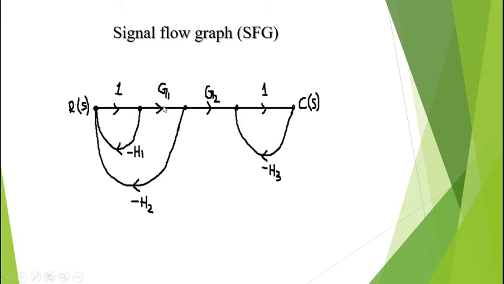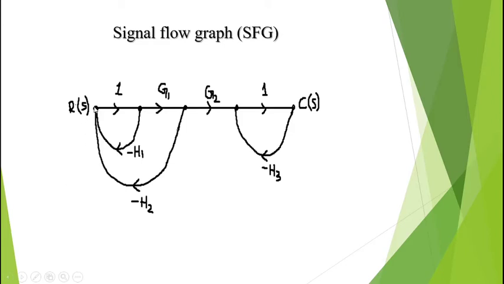The next loop is this loop, the second loop, and this loop gain is 1 into G1 into minus H2, that is minus G1 into H2, and this loop gain is represented as L2. The third loop is this loop, and its loop gain is 1 into minus H3, that is minus H3. This loop gain is represented as L3.